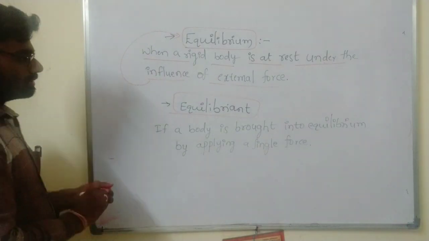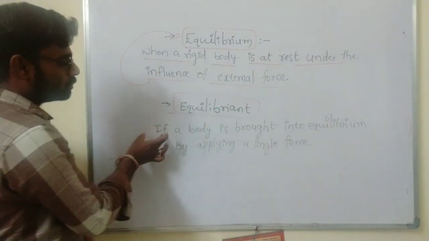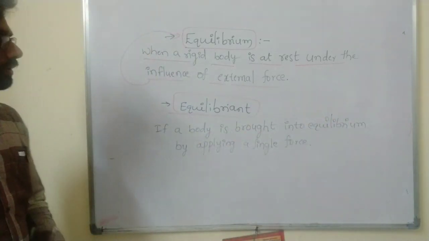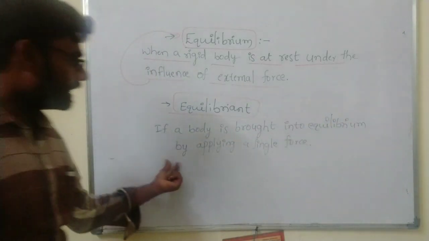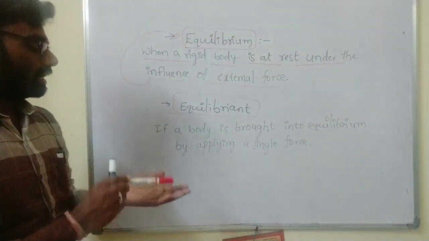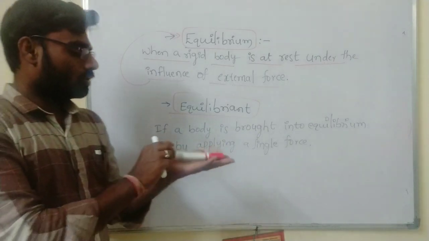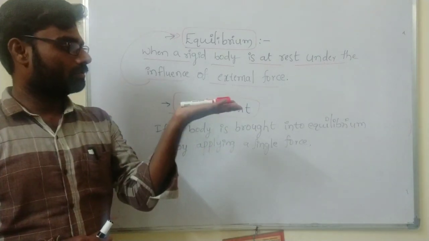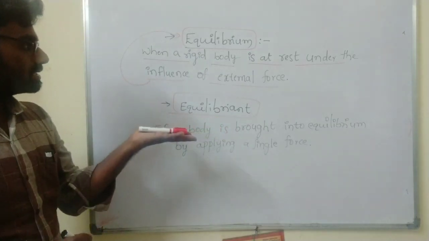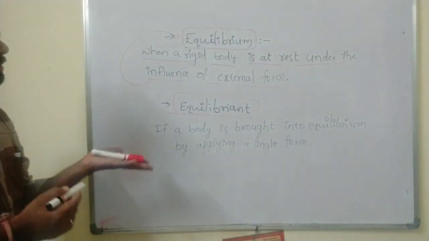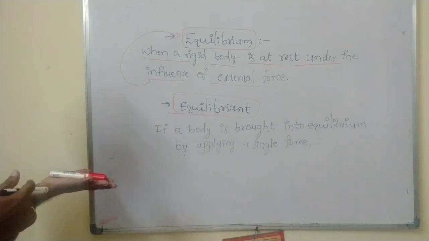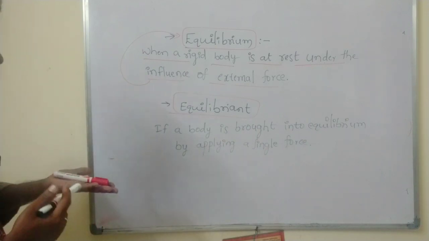Next one is equilibriant. If a body is brought into equilibrium by applying a single force, now I am taking one body. How is it brought into equilibrium position? By applying a single force.